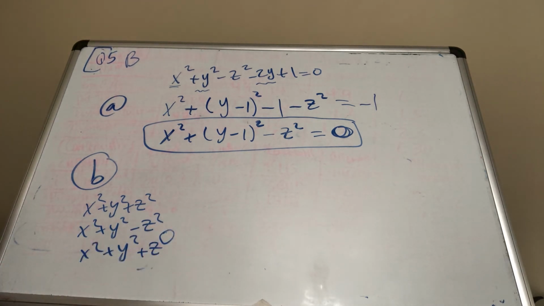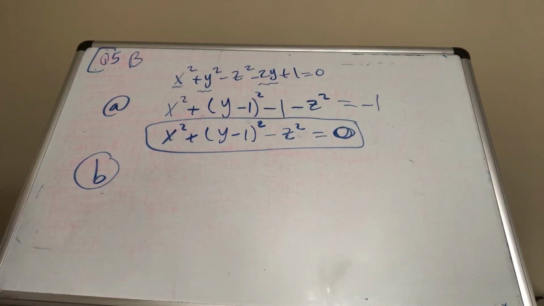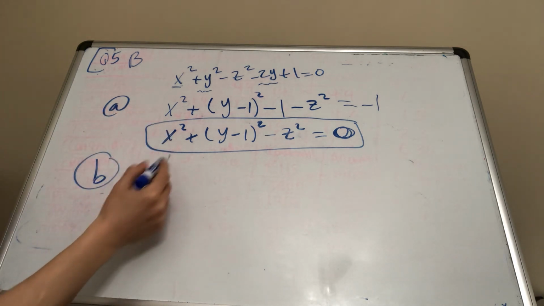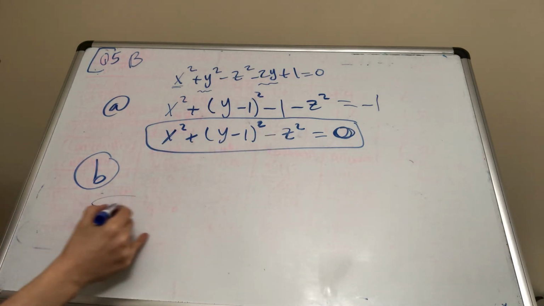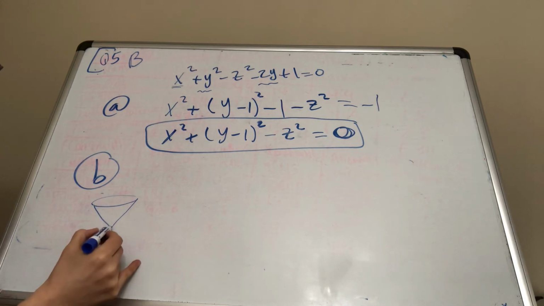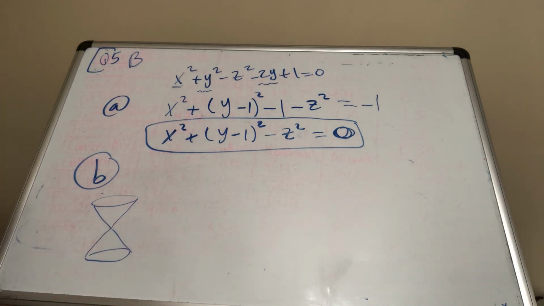There are different versions of this, and unfortunately, there's no way you can understand this. It's one of those that you need to remember, but maybe Fendon will eventually give you one that tells you what to sketch and how to sketch each one. This one, when it's squared, negative, it looks like an hourglass, like this shape.